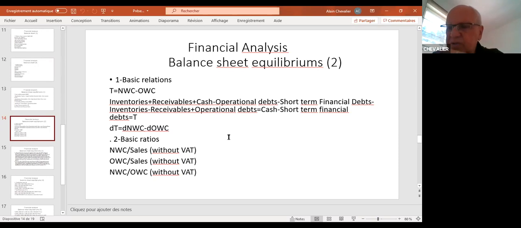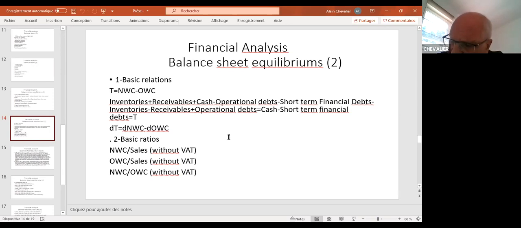If on the contrary, instead of being 3 or 5%, it is 14%, that means for each monetary unit by which you increase your total level of sales, you need something like 40 cents of new financial resources. That means it can become very quickly difficult to assume.